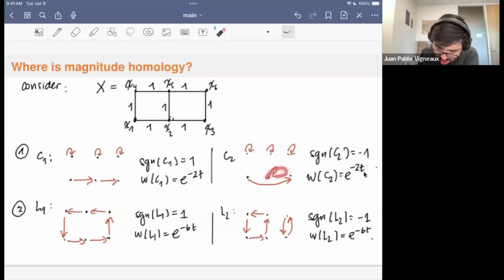So on this point you can put a self-loop that doesn't change the weight. The weight is still exponential of minus 2. But because you change the number of cycles, now there is one more cycle, the sign flips. So these 2 connections cancel in the sum over all connections.